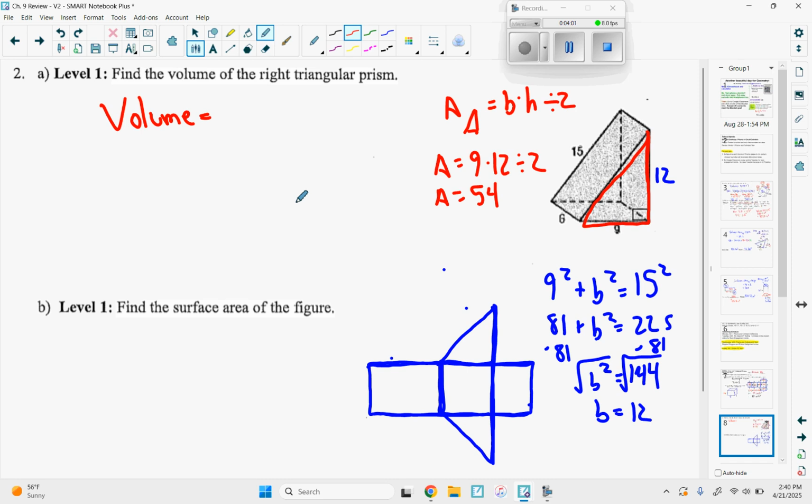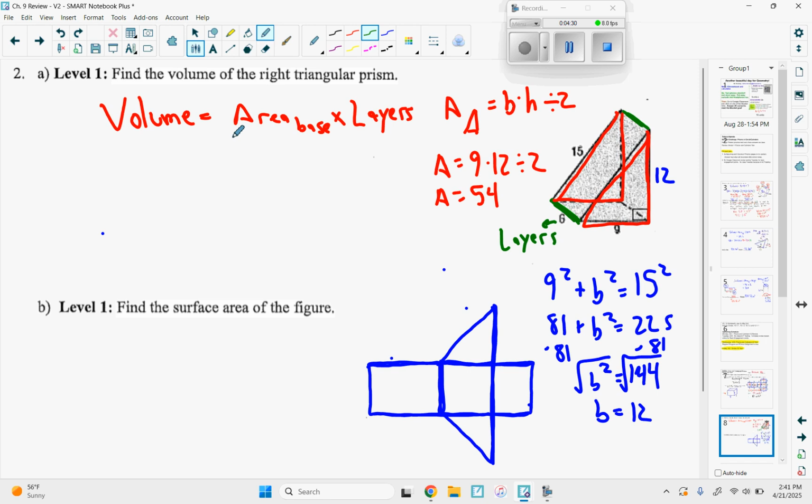Okay. So now if we want to find volume of this shape, remember for all our prisms and cylinders, volume is going to be the area of your base times the amount of layers that you have. The amount of layers that are in between your bases. So here are my 2 triangle bases. 6 is going to be my layers.